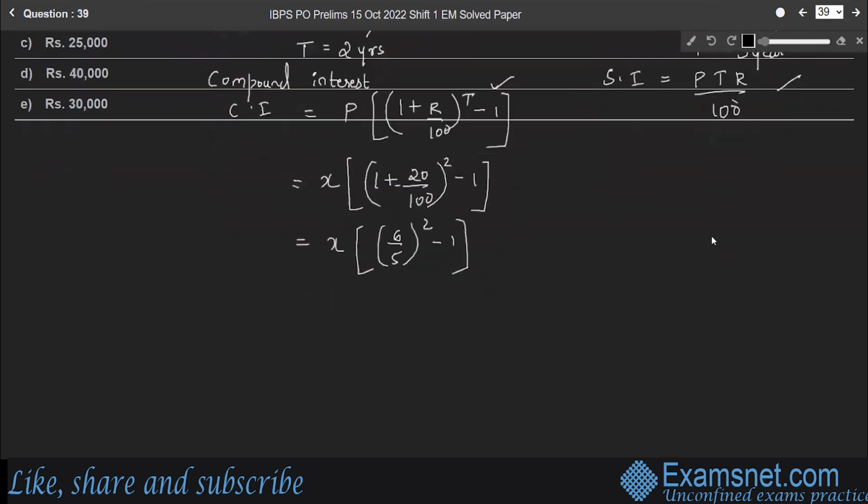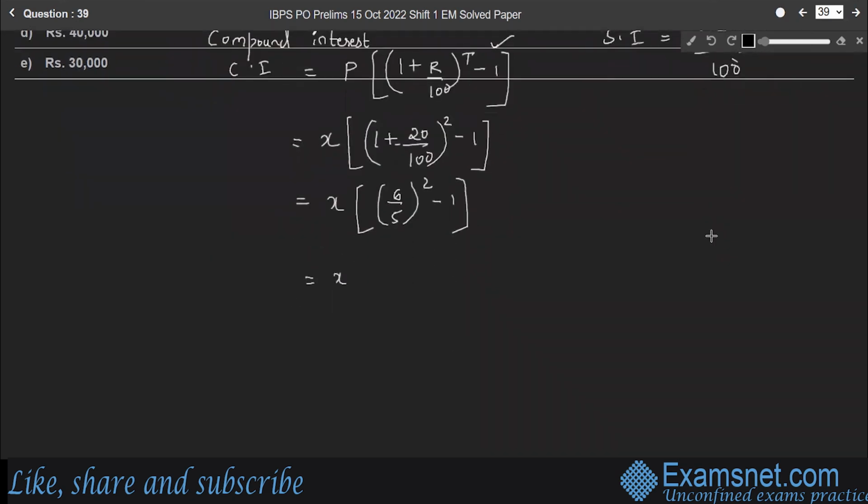Therefore, X into, so 36 by 25 minus 1. So here 25 is the LCM. So 36 minus 25 becomes 11. So 11x by 25 is the compound interest.